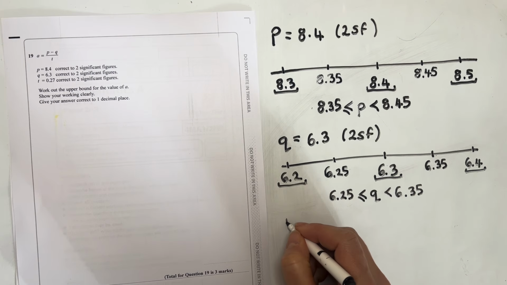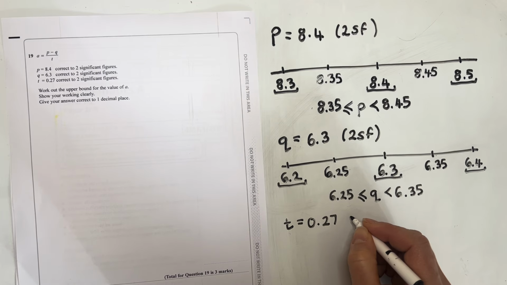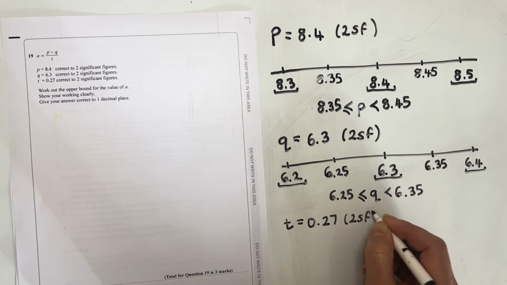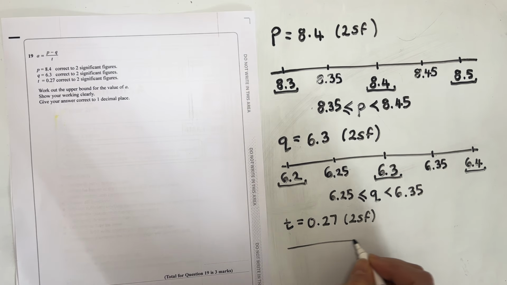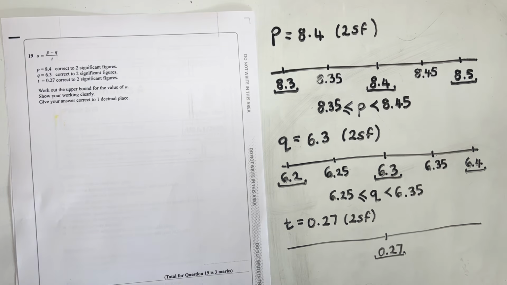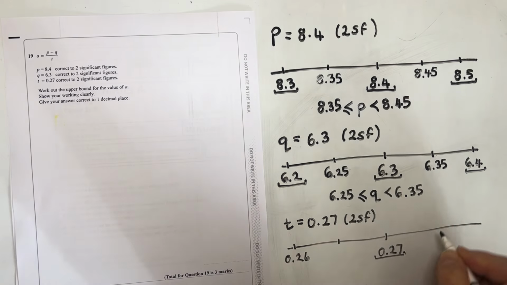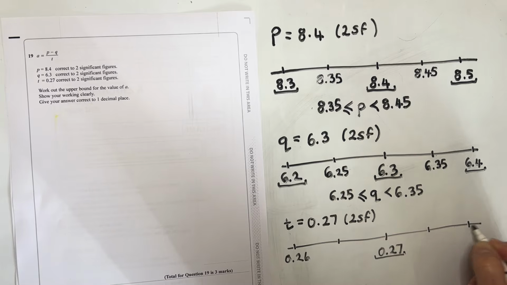We're also told T is equal to 0.27 to two significant figures. If I choose my value too low, it would actually round down to 0.26. And if I choose my value too high, it would round up to 0.28.